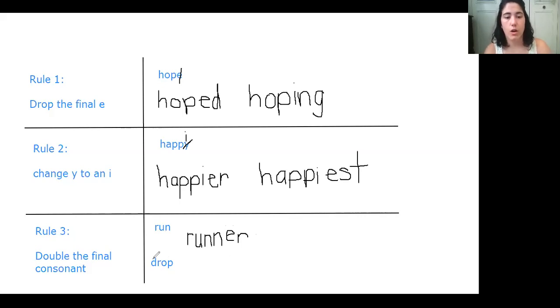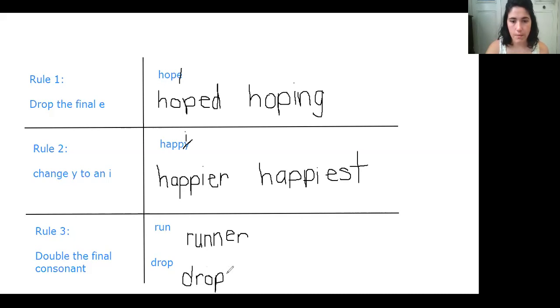We're going to do that also with this word drop. We see drop right here where I'm hovering over this P, that's a consonant. So if I wanted to make the word dropped, like I dropped my plate, I am going to rewrite my base word, but with a double P. Drop.